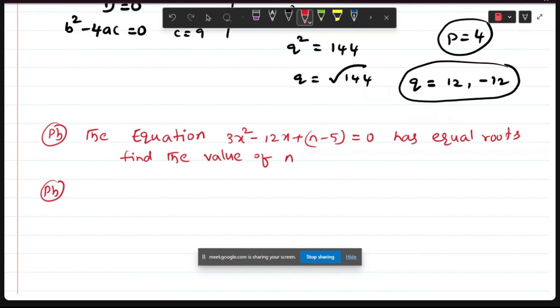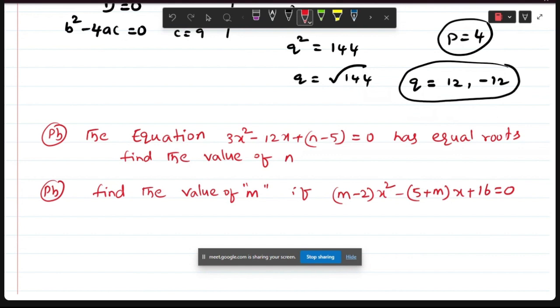Next problem: find the value of m if m minus 2 into x square minus 5 plus m into x plus 16 equal to 0. Yes, try these two. Please try.